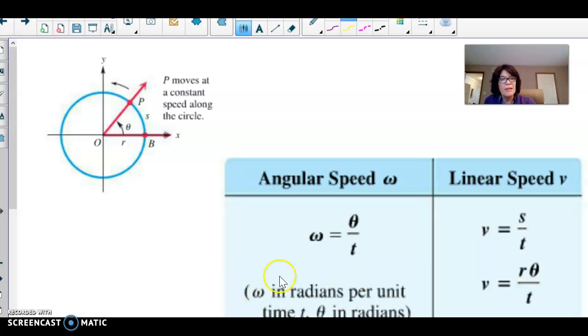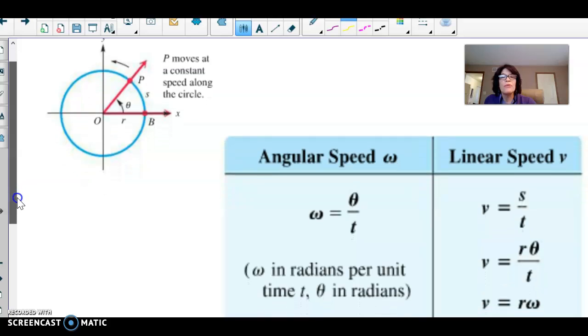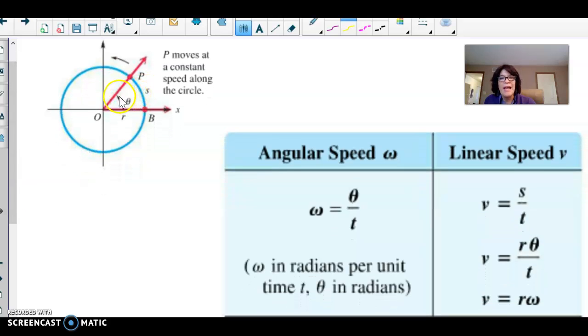Omega, the Greek letter, is what they use for angular speed. That's how fast this angle is opening. Now, the point P, we call that the linear speed, and we use V, kind of like velocity. We take this arc length divided by time.